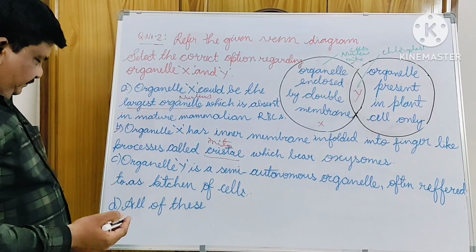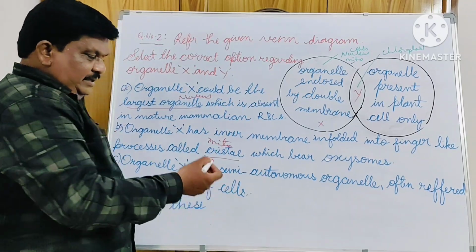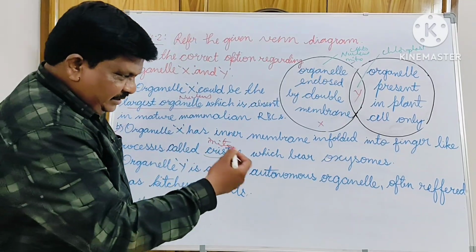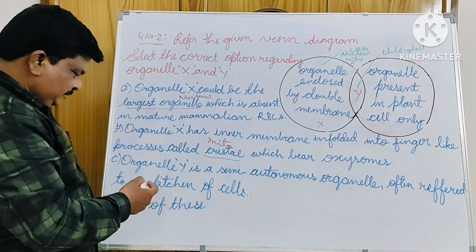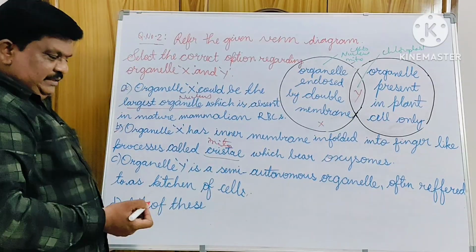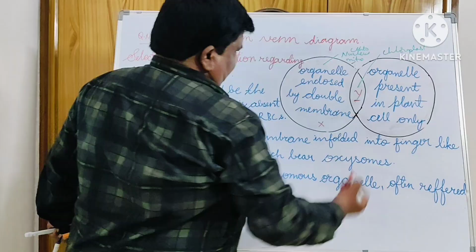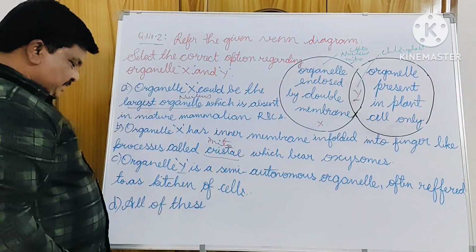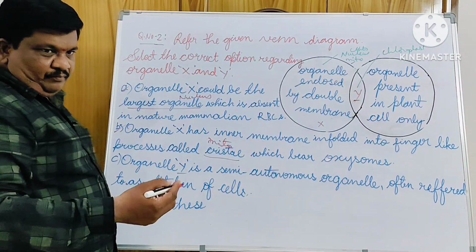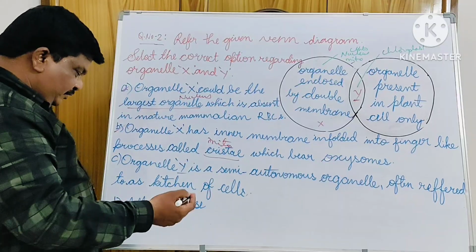Go for the next one. Organelle Y is a semi-autonomous cell organelle often referred to as the kitchen of the cells. What is Y? Chloroplast. Chloroplast is the kitchen of the cells because it prepares the food material, performs photosynthesis, traps solar energy.